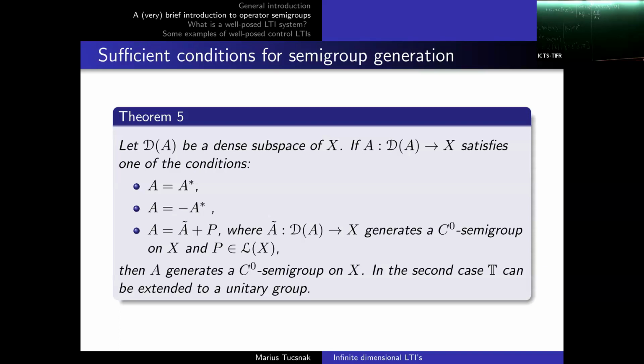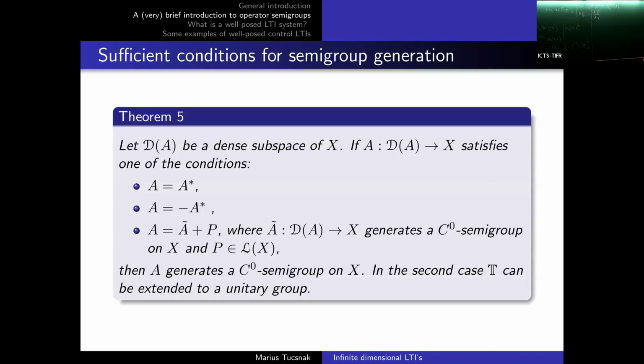There is a condition which is necessary and sufficient. It's called the Hille-Yosida theorem, but it's very difficult to apply in, let's say, PDE examples. So here I just made a non-exhaustive list of cases when A generates a semigroup.